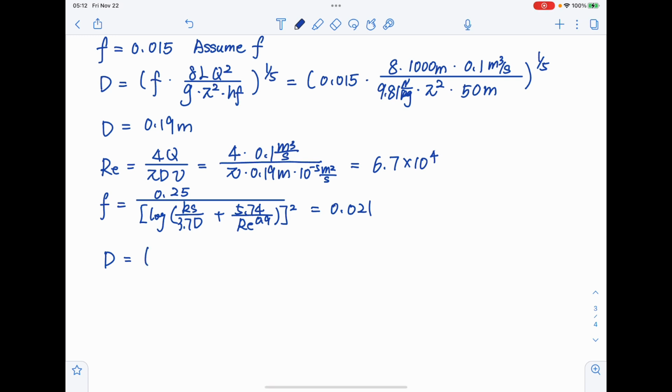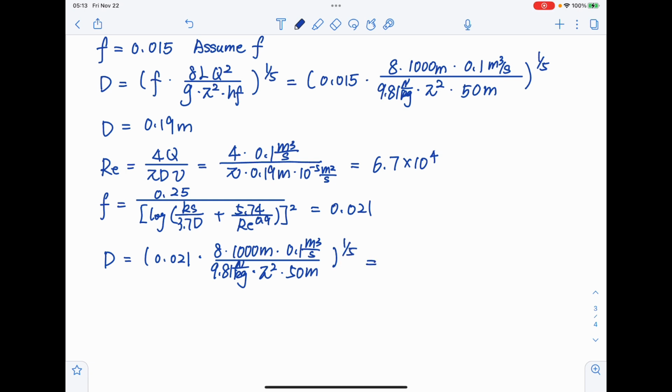It's 0.021 times 8 times 1,000 meters times 0.1 cubic meter per second, over 9.81 times pi squared times 50 meters, to the power of 1/5.